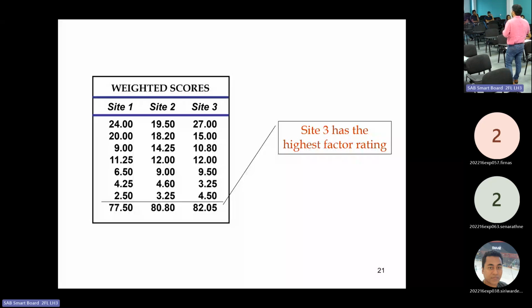Within 5 minutes, can you do this exercise? Now, this is a manufacturing facility. Let's consider a service example, like a supermarket.